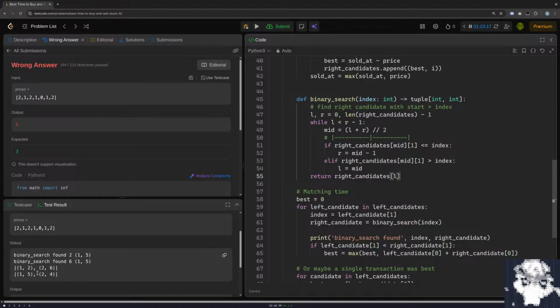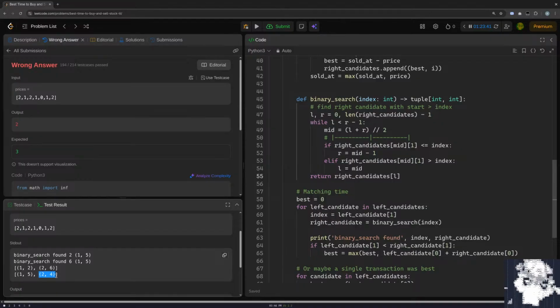Yeah, what I want is the rightmost one in this list. Which is to say the smallest index.